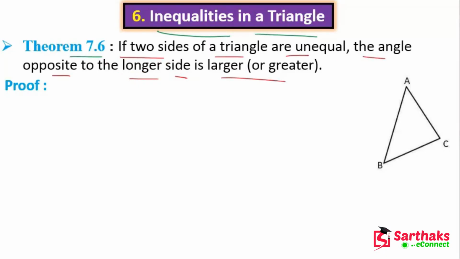greater. Let's suppose we have a triangle ABC, and here AB is greater than AC. The angle opposite to the longer side means this angle.